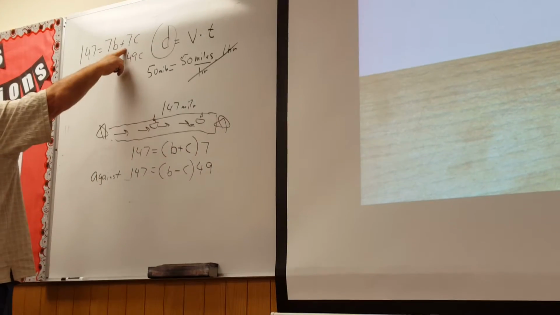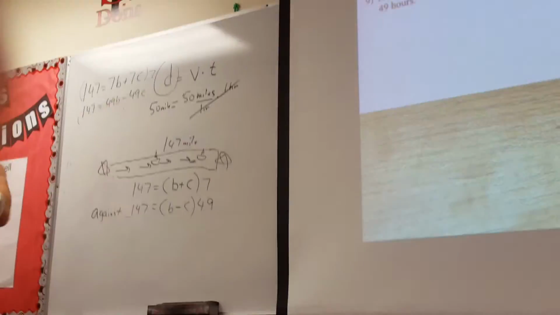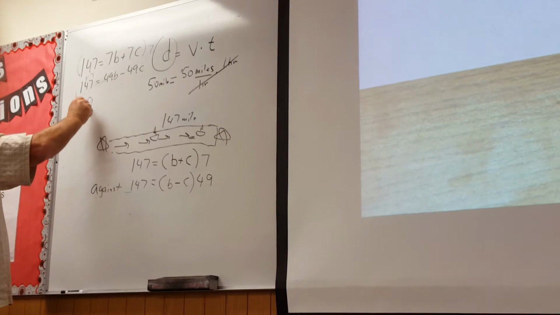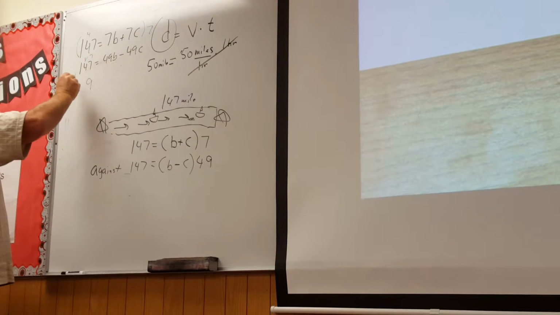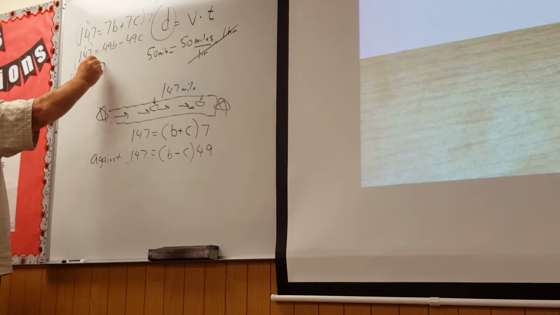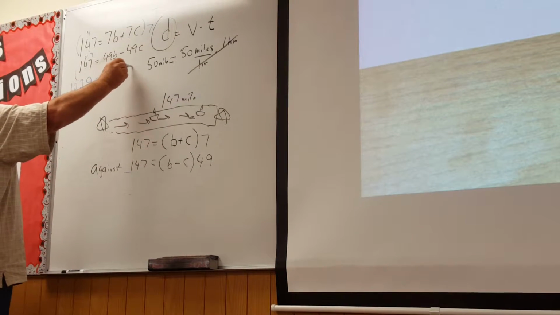The c's are, so I'm going to times this one by 7, okay? So I go 7 times 147. 1,029 equals 49b plus 49c.